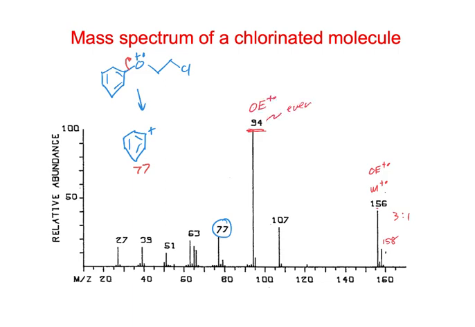Even mass means that there has to be a rearrangement. So we should be looking through here and we go, oh, aha, right? It's got an even mass fragment ion, starting with an even mass molecular ion, and so it means there has to be a rearrangement.